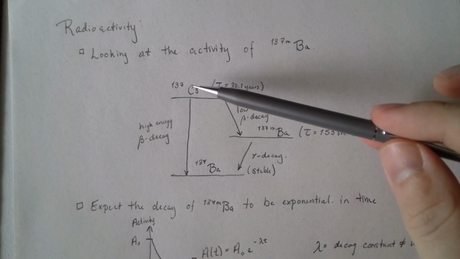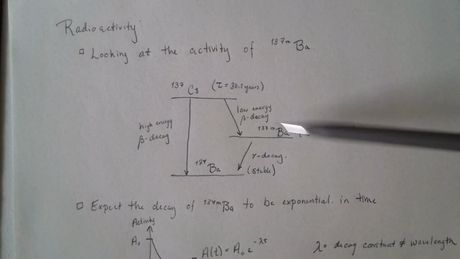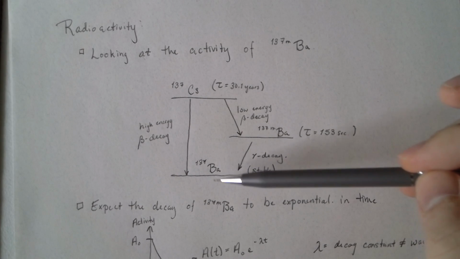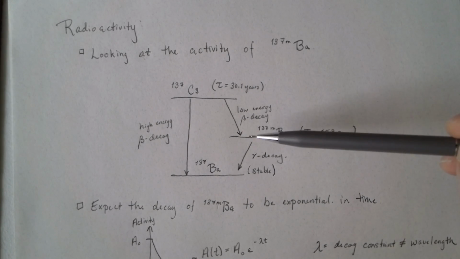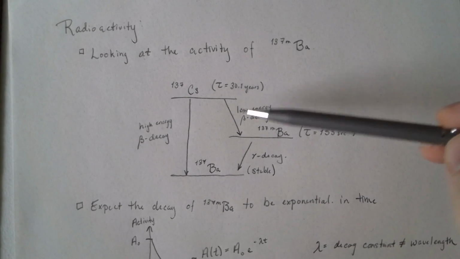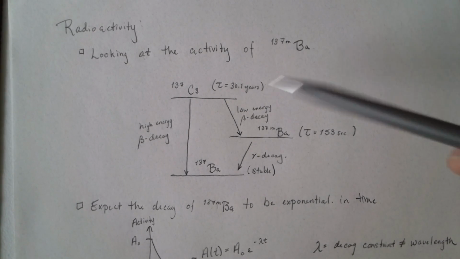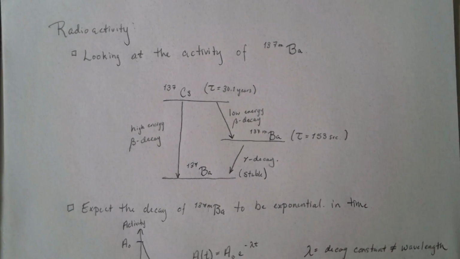And the decay channel in which cesium decays into barium-137M and just stable barium-137 is via emitting a beta ray, or an electron in this case. There are two types of channels.